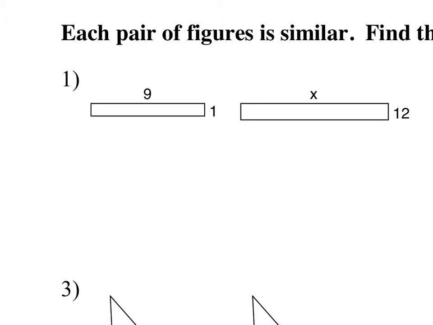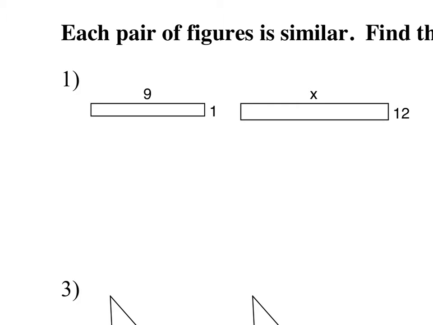Okay, so I have these two similar figures. This 9, this one right here, and this one right here. They're the same. So I'm going to make a fraction out of this information. 9 and 1. Now I have the 9 on top. So on this fraction, the x is on top, so I'm going to put the x on top of this fraction.